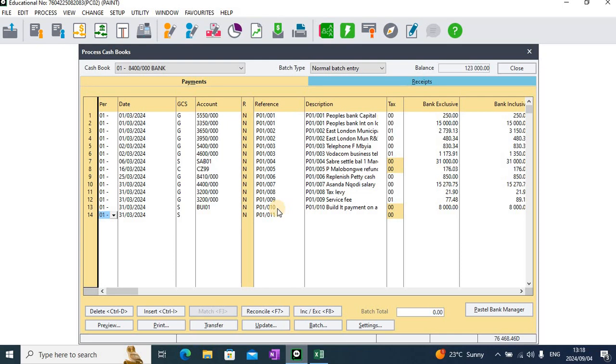We go to page 19 at the top. Electronic transfer to Universal Storage Systems. We can see that the transaction is also on the 31st.